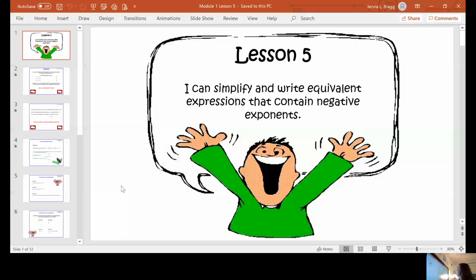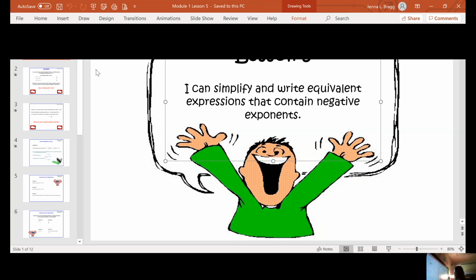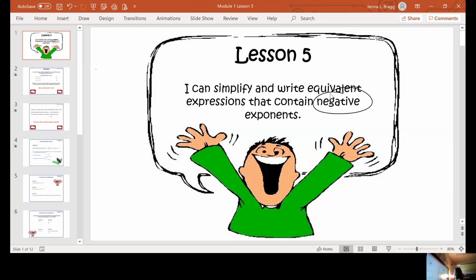We're on lesson 5. I can simplify and write equivalent expressions that contain negative exponents. Up until this point, we've had mostly positive exponents. Now our exponents will be to the negative power.